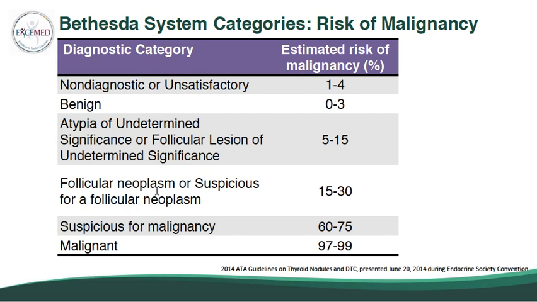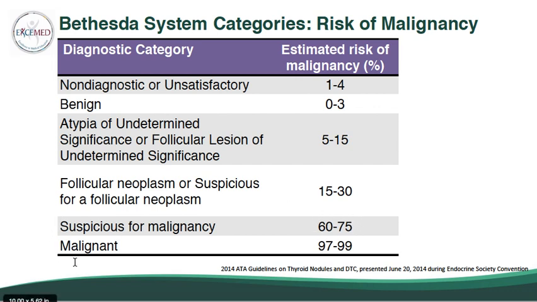Now, these two classifications, your atypia of undetermined significance or AUS, or your follicular lesion of undetermined significance, and your follicular neoplasm or suspicious for a follicular neoplasm, are now the gray area. And these are the risks of malignancy. But if you have a patient with Bethesda classification suspicious for malignancy, then your risk for malignancy goes up to about 60 to 75%.